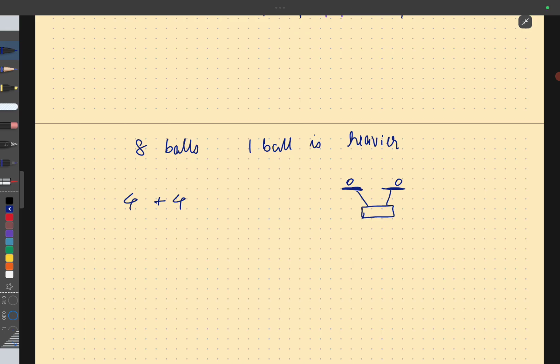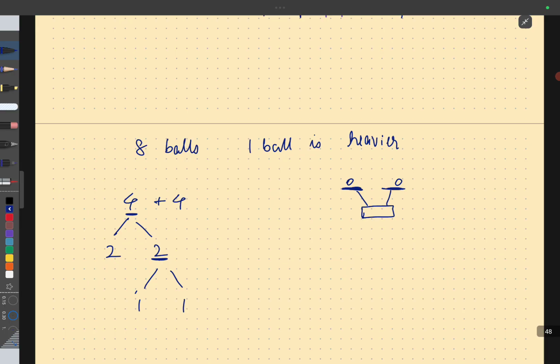This means that this set has the heavier ball, and now among these 4 you divide them into 2 plus 2. Maybe the left side is heavier than the right side. So you take the left side and again divide this into 2 plus 2. Find out which one is heavier, and suppose that this side is heavier, then you again split this into 1 plus 1, and now you have the heavier ball.